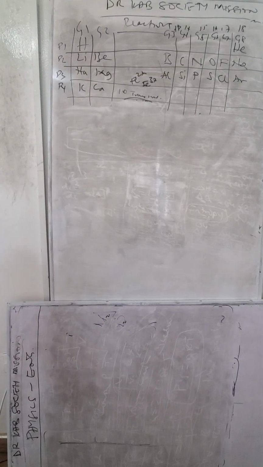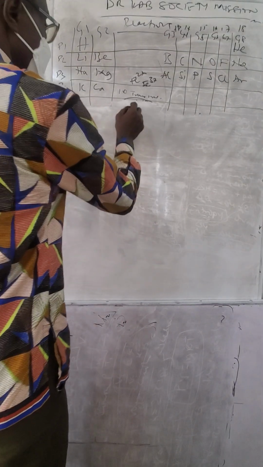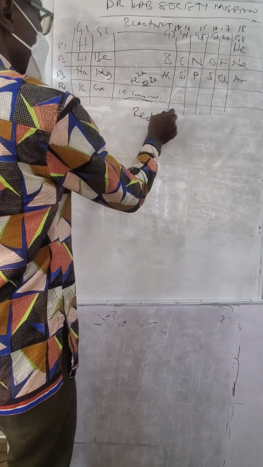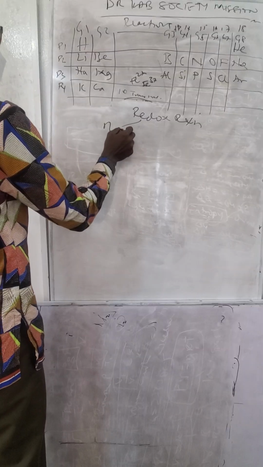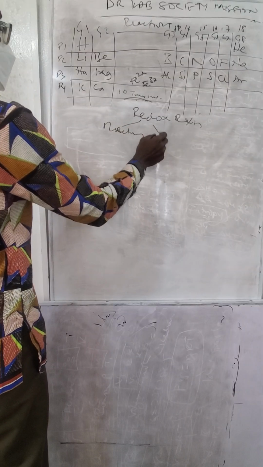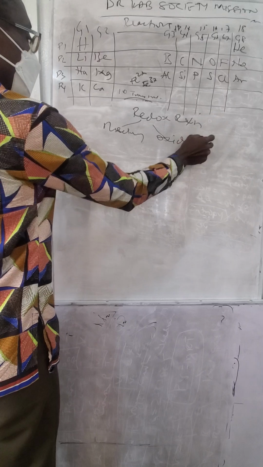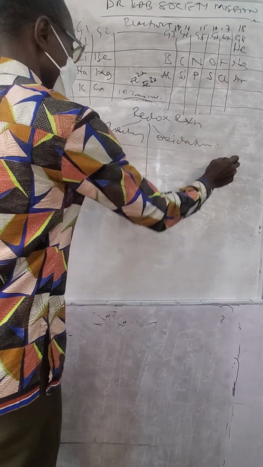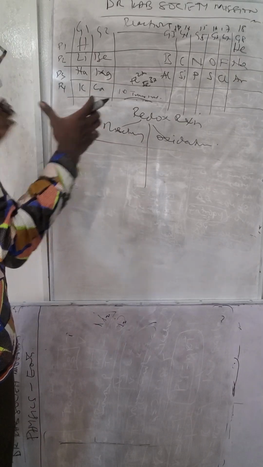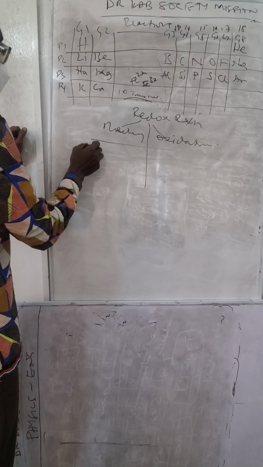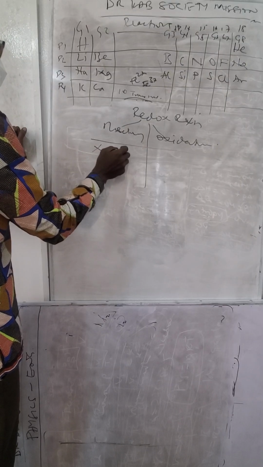Let's go to the reverse reaction. So the redox reaction is simply the reducing part of the reaction, and then the oxidation part of the reaction. So the reaction that is coming together involves, let's say, X plus electrons.